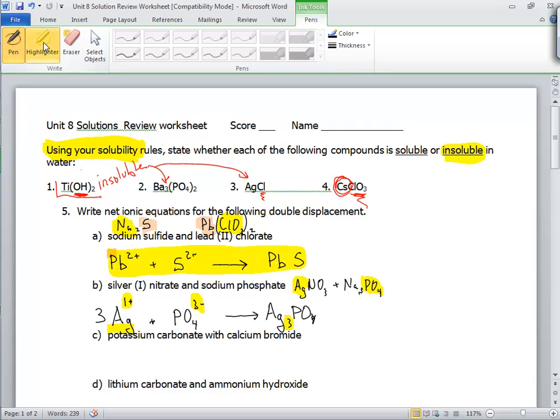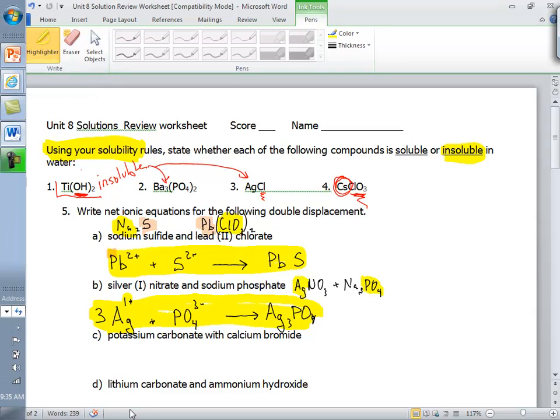So the highlighted portion here that I'm highlighting right now is the net ionic equation for this reaction that's described. Let's go look at the next example.